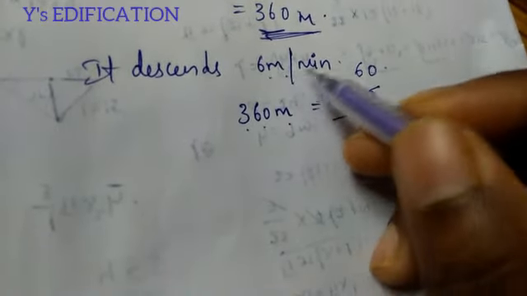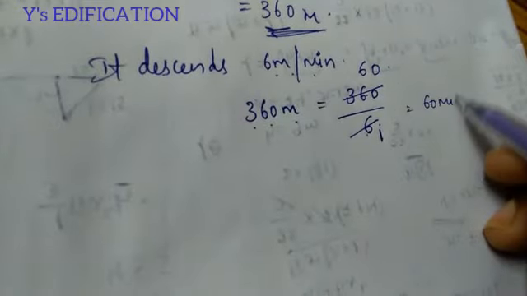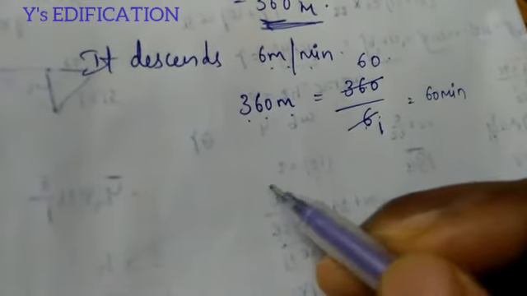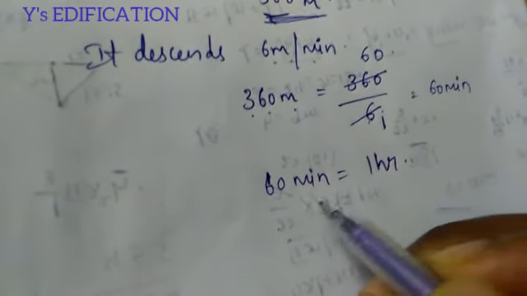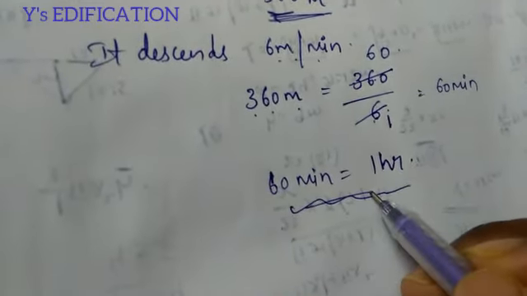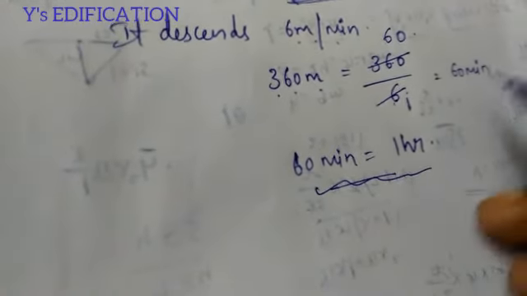This is 6 meters per minute, so it will be 60 minutes. 60 minutes means 1 hour. So it takes 1 hour to reach minus 350 meters. It will take 1 hour for the elevator.